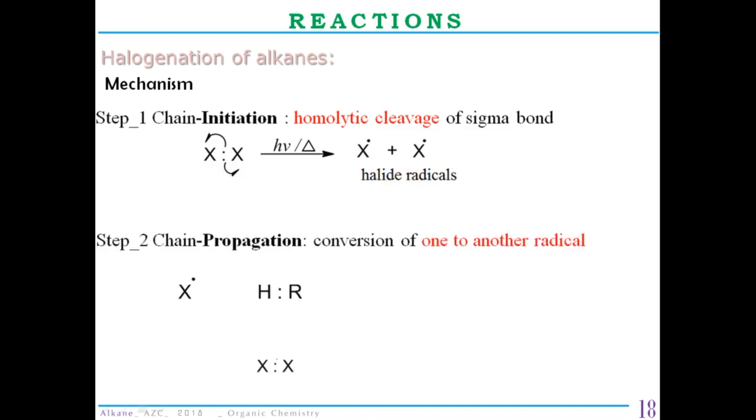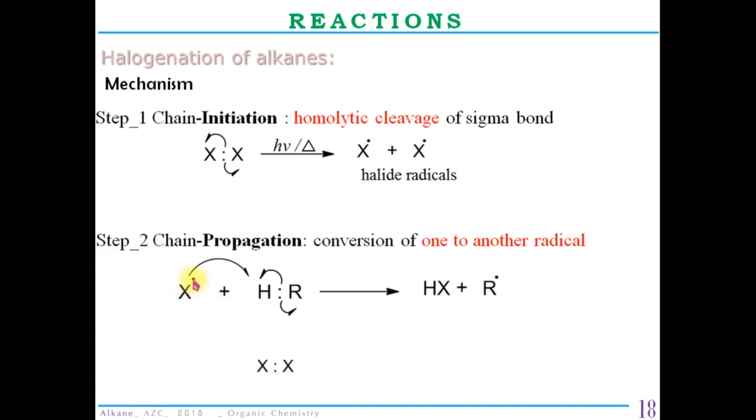Next step is chain propagation reaction, which is conversion of one radical to another radical. Here we have three kinds of molecule in our reaction: halide radical, alkane, and halogen gas.